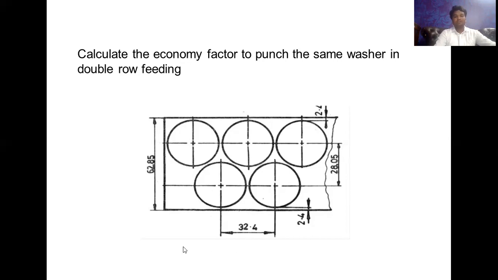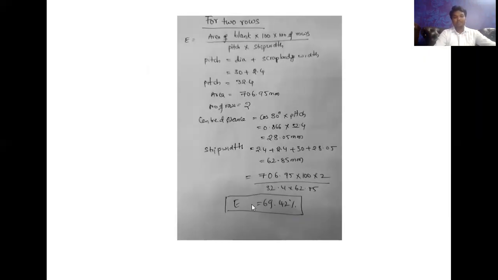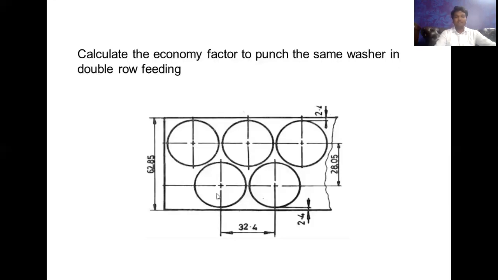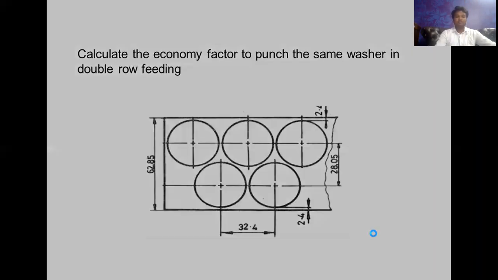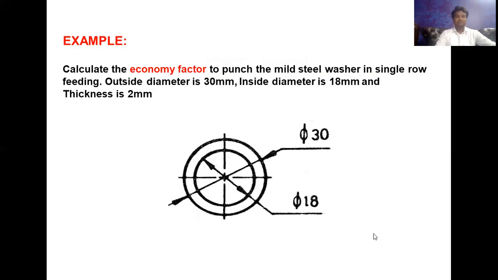So this is how the strip layout is designed based upon the calculations done for the economic factor. So the pitch, the area, the number of rows, the center distance, the strip width, and also the front scrap width and back scrap width, we have designed this strip layout for the problem given.